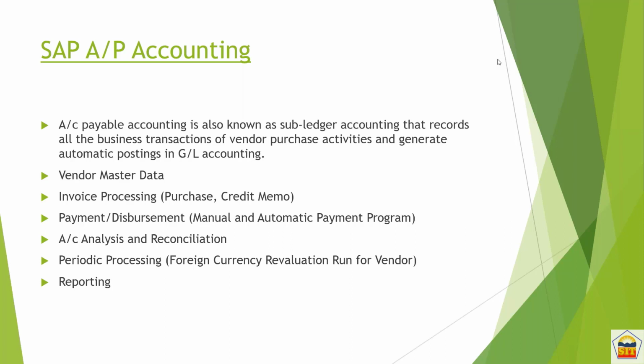That is the information we will be maintaining in the system. How we are going to pay them, whether through check payment, through wire, or some other mode, all these instructions we will be maintaining in the master data, meaning in the vendor account.